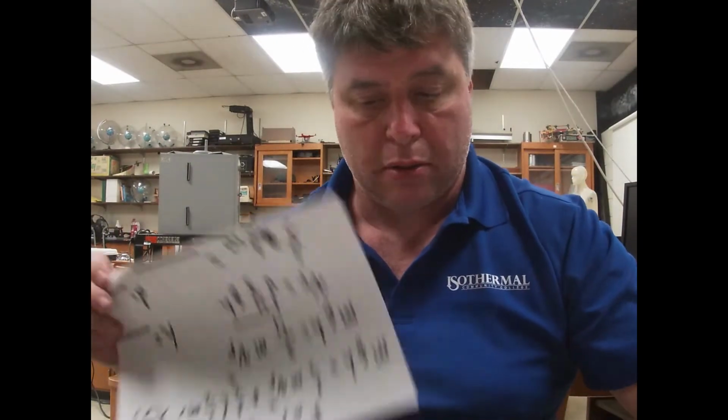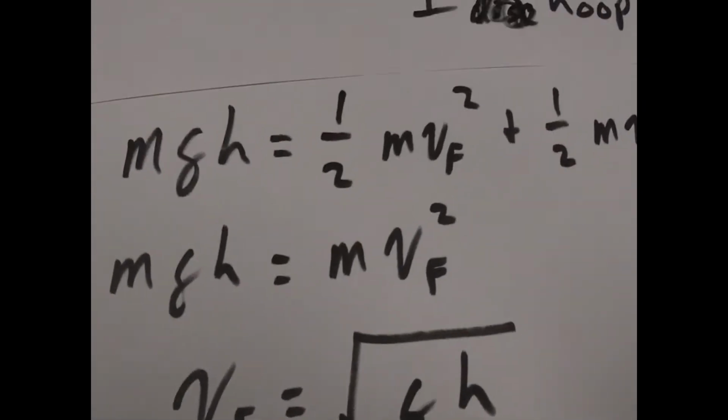But the angular velocity is equal to V final over R. At any rate, so I've substituted those in. And now, I was supposed to have all this organized beforehand, but that's the way of life.